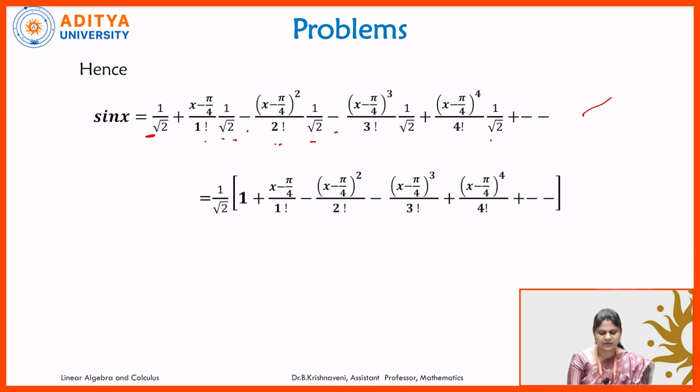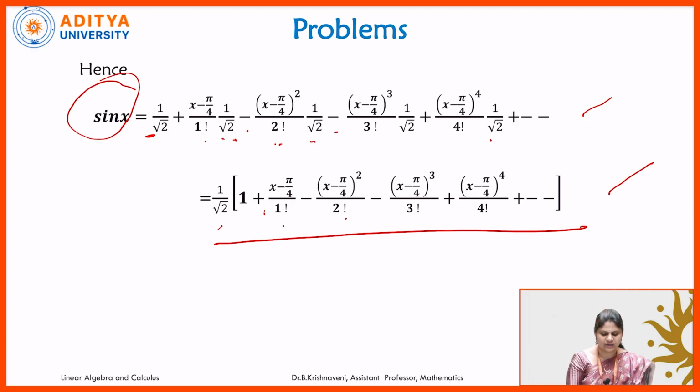In every term we get 1 by root 2 common, so you can take the common 1 by root 2 and you are left with 1 plus x minus pi by 4 by 1 factorial minus x minus pi by 4 whole square by 2 factorial minus x minus pi by 4 whole cube by 3 factorial plus x minus pi by 4 whole to the power of 4 by 4 factorial plus so on. So this gives the Taylor series expansion for the given function in powers of x minus pi by 4.